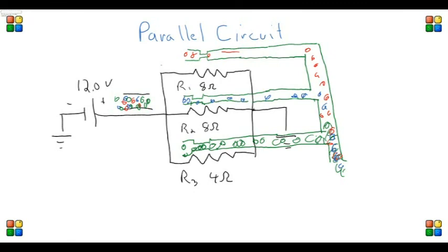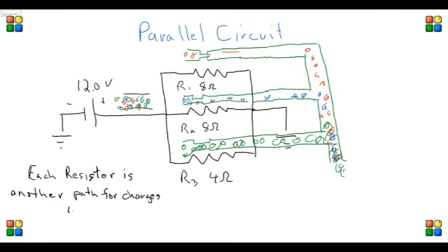And they're all going in, finding their various paths, and then coming out again. So that's the nature of a parallel resistor. Each resistor is another path, allowing the circuit to conduct more current.